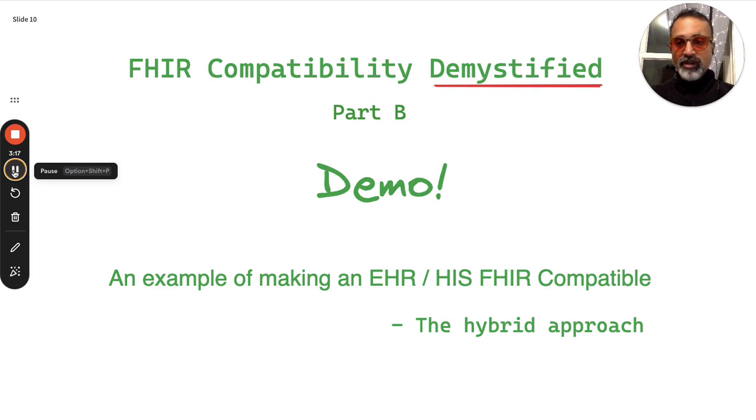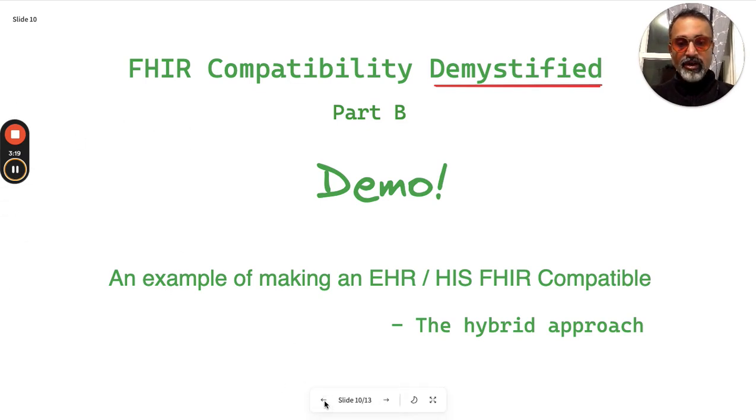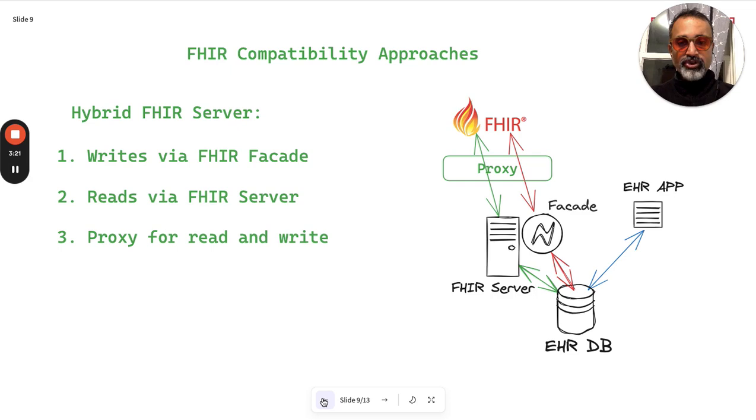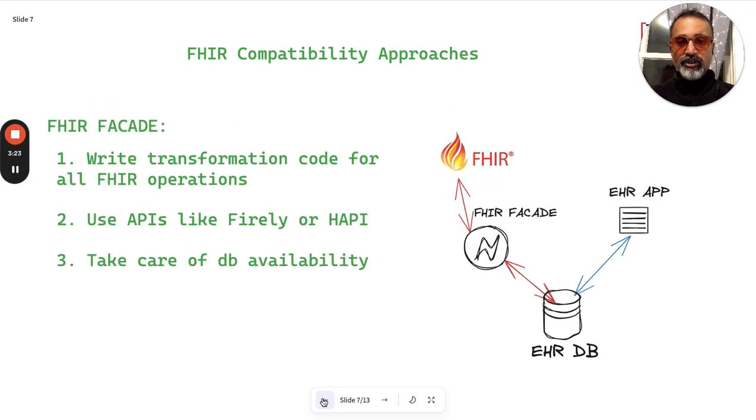Just backtracking a bit on the different approaches of FHIR compatibility. In the previous part A of this presentation, I had covered the different approaches to how one can achieve FHIR compatibility for a traditional EHR. One is the implementation of a FHIR facade, which is a very expensive route.